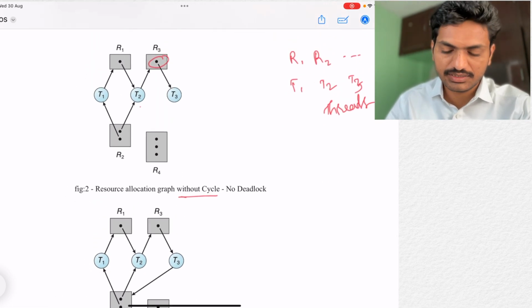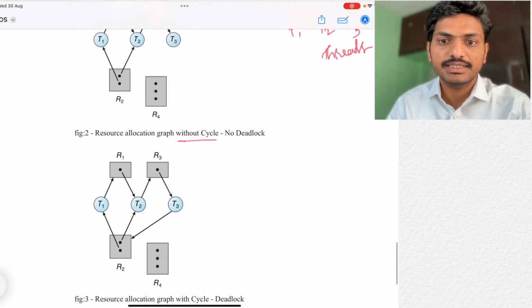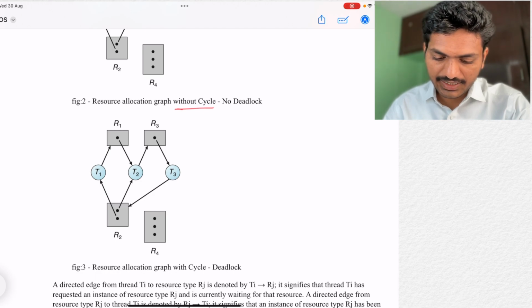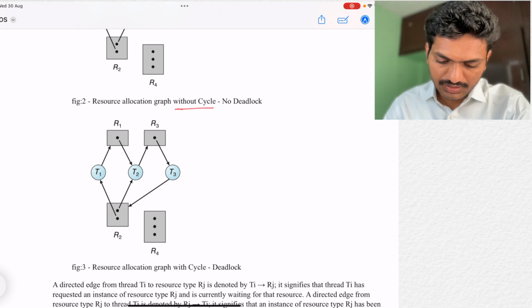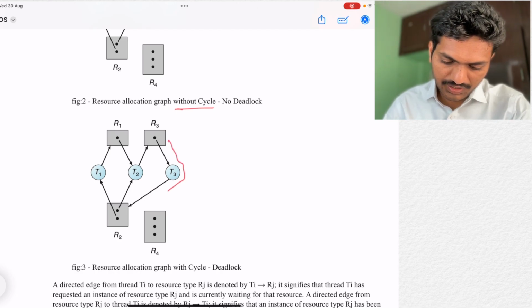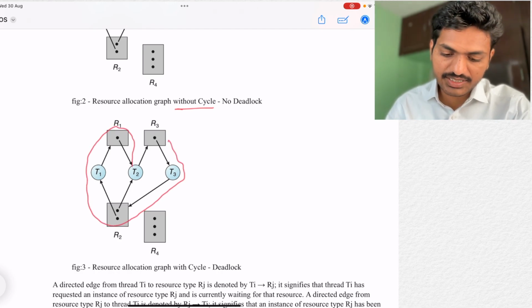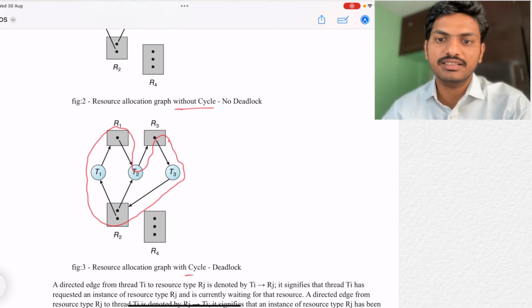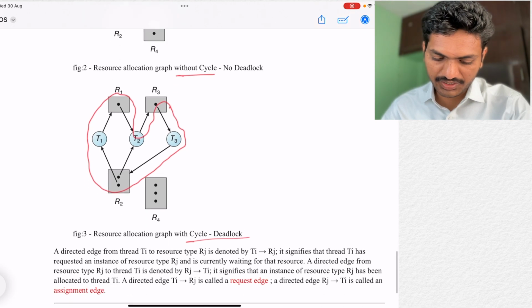There is no cycle in the diagram. Figure 1. Second one, look at the second one. Is there any cycle here? You try for some cycle. So there is a cycle here. So if there is a cycle, then there is a possibility for deadlock. Okay.